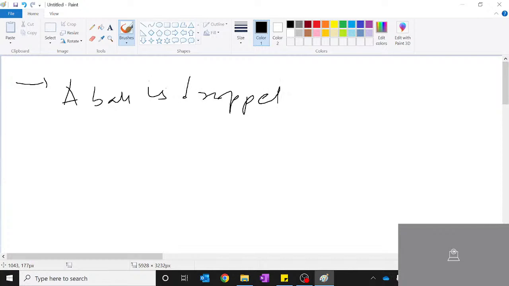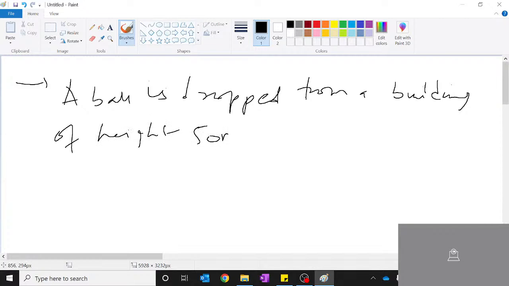A ball is dropped from a tower, or a building, whatever you call it. Let's say it is a building of height 50 meters. A ball is dropped from a building of 50 meters.